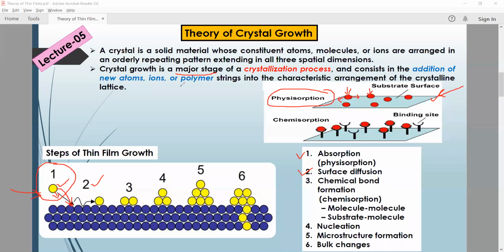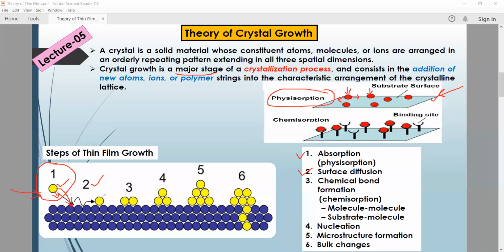And what will happen exactly during surface diffusion? The absorbed atom was diffused onto the surface, and overall the surface energy can be minimized if the atom has enough energy and has time to diffuse to a lower energy site. Getting my point?